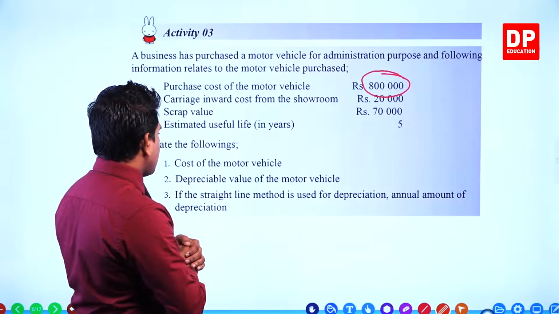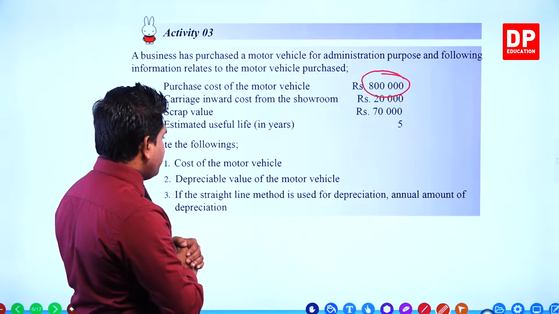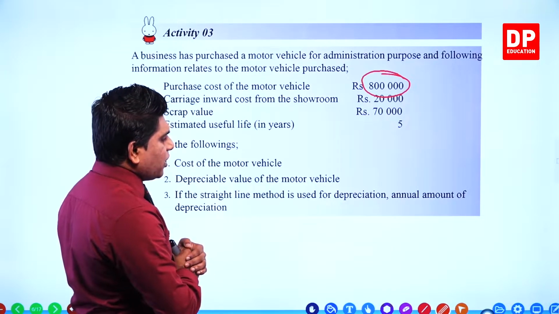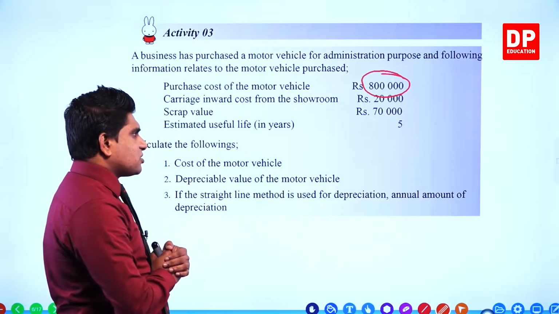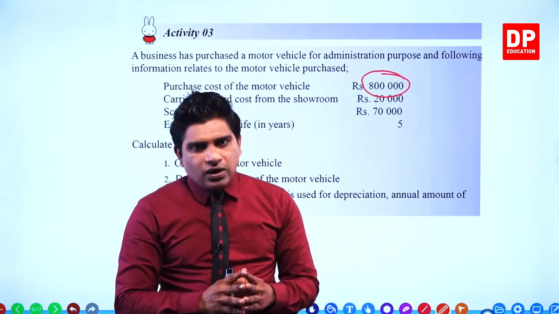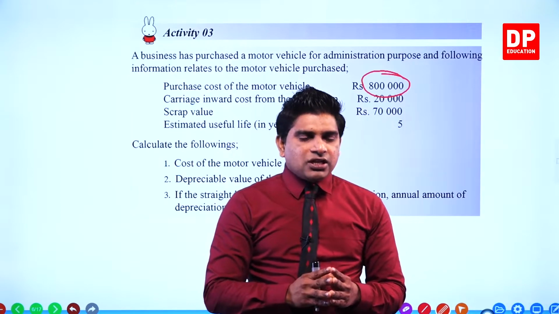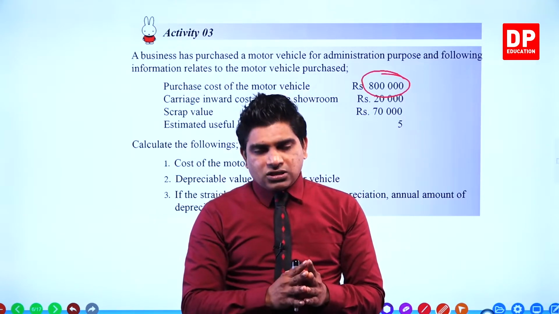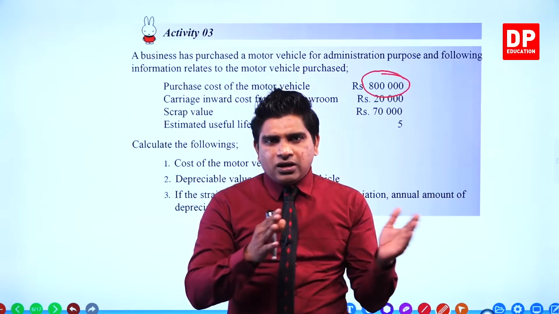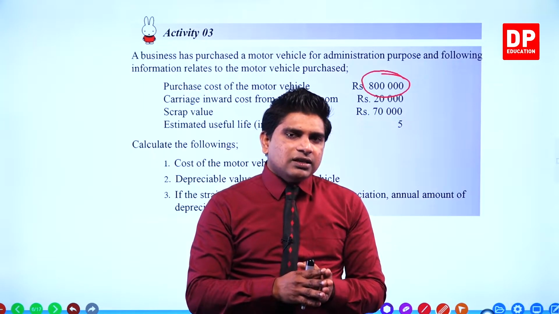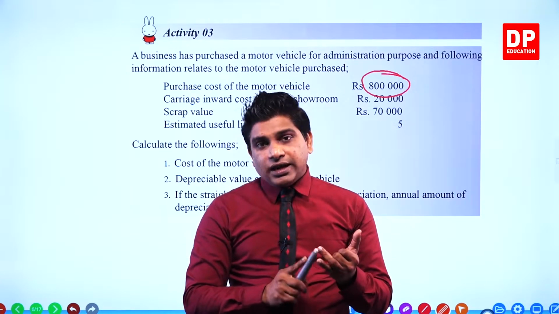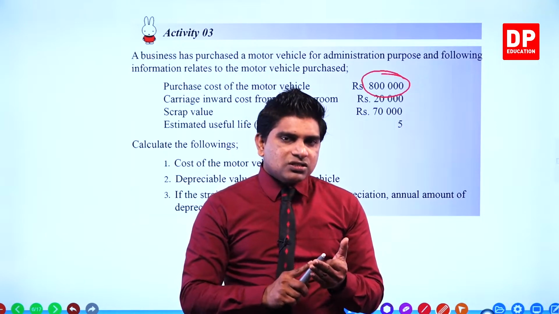Cost of the motor vehicle, depreciable value of the motor vehicle, and if the straight line method is used, the annual amount of depreciation. It's a simple thing; you must remember this. When calculating the cost of non-current assets, we consider not only the amount paid to the supplier, but also carriage inwards and loading charges.